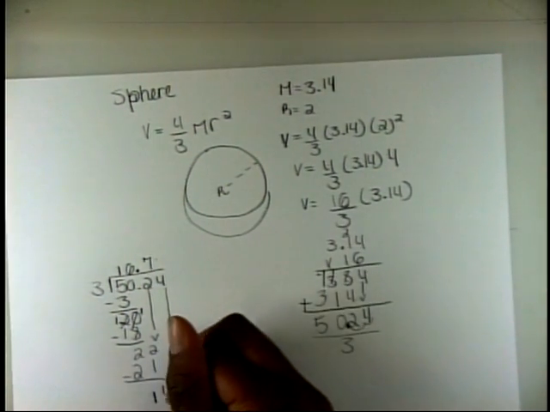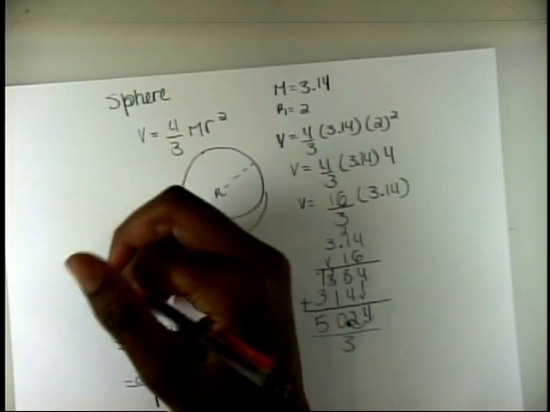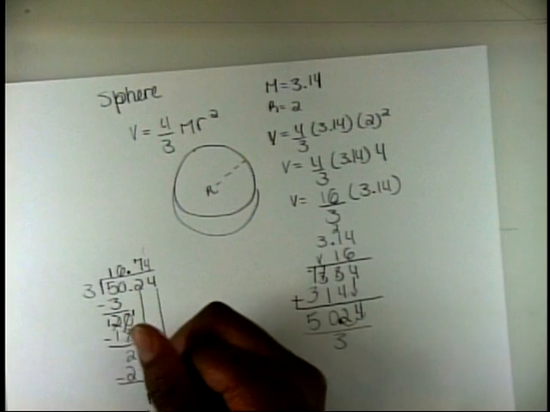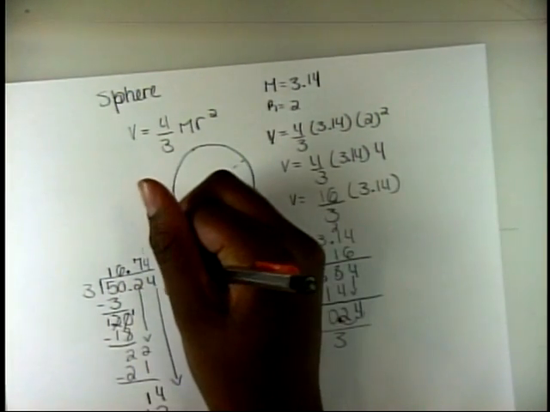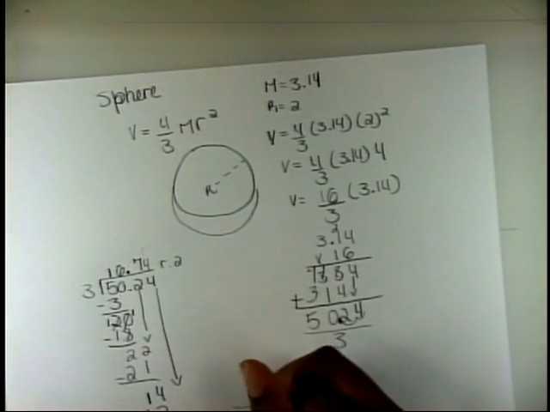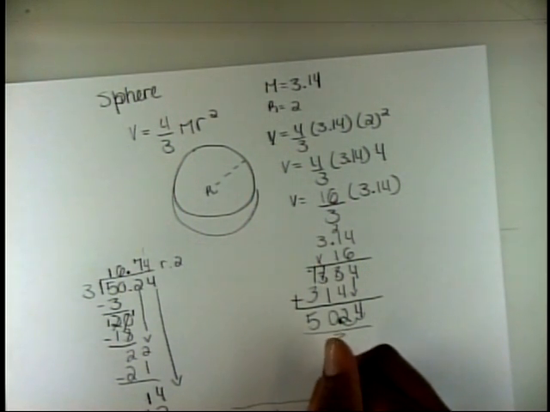And you'll say, what times 3 will give me 14, which is nothing. But what will give me closer to 14, which is 4. 4 times 3 is 12. 14 minus 12 will leave you with 2. And your remainder will be 2. So your answer will be 16.74 with the remainder of 2.